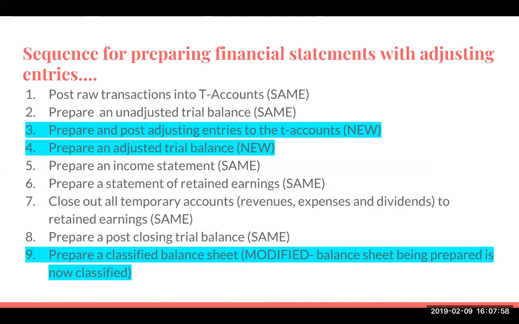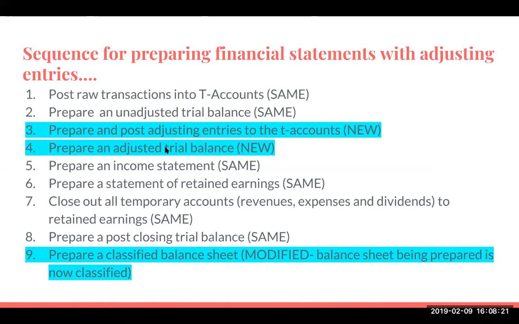So then I'm going to have to make adjusting entries, and then I need to do an adjusted trial balance. So those are both new. What's the difference between unadjusted and adjusted? The adjusted trial balance will include the adjustments we're making from the T accounts. The next thing I will do is prepare an income statement based on that adjusted trial balance.